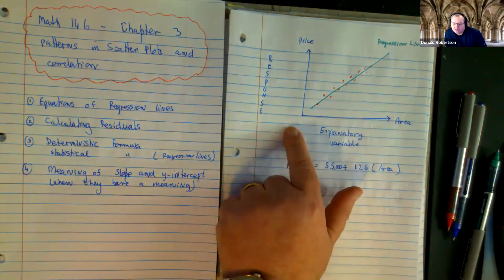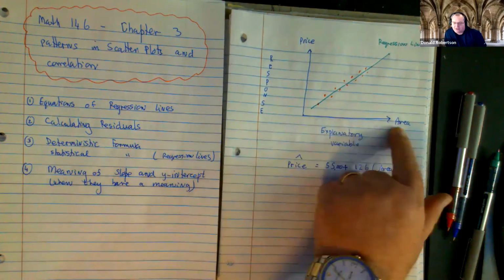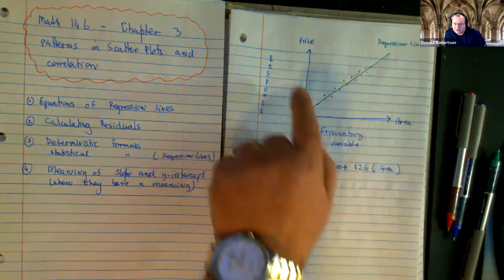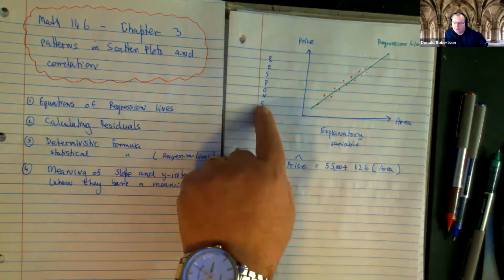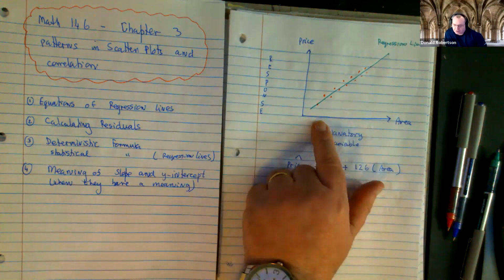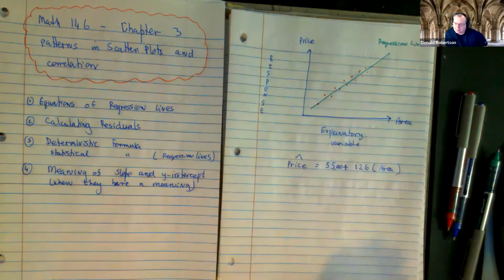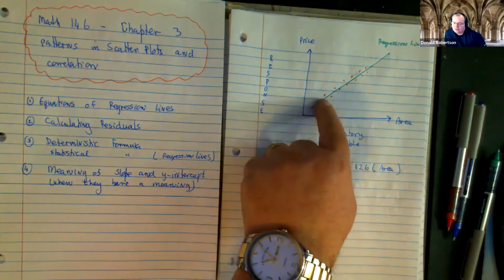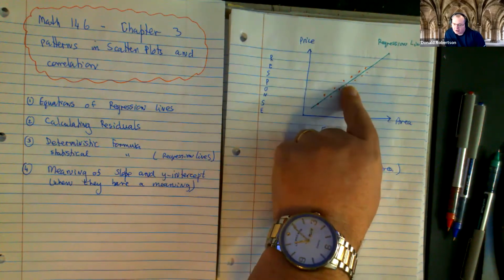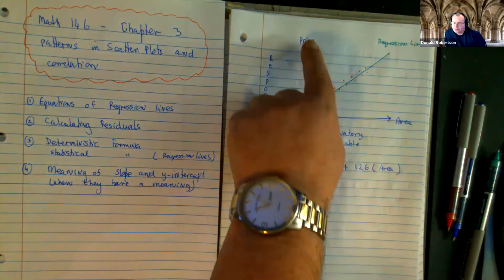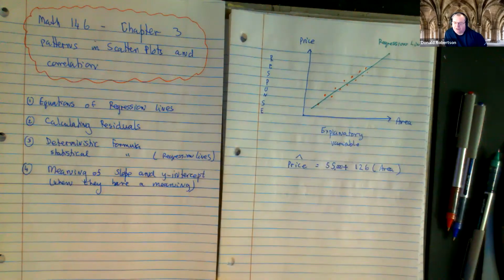So we have a regression line, and I'm going to give you a story behind this, but let's just remind you of some names. Isn't the x-axis called the explanatory variable, and the y-axis is called the response variable? And this one is another one of those area of a house and what it's sold for, right? So imagine this is the area of a house and what it ended up selling for. Not putting the numbers in, you don't need them to get the gist of it.